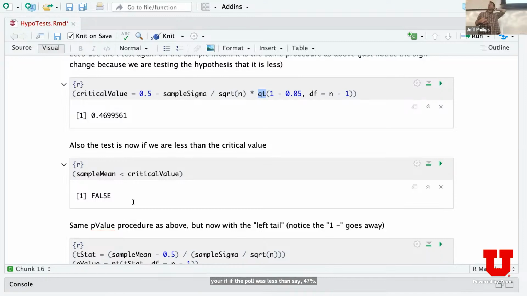Okay, but it's not less than 47%, so you might still have a chance to win Florida. Now, it doesn't mean that you should accept the null hypothesis that you are exactly at 50%, but you don't have enough evidence from this one poll to say, I can't win Florida.